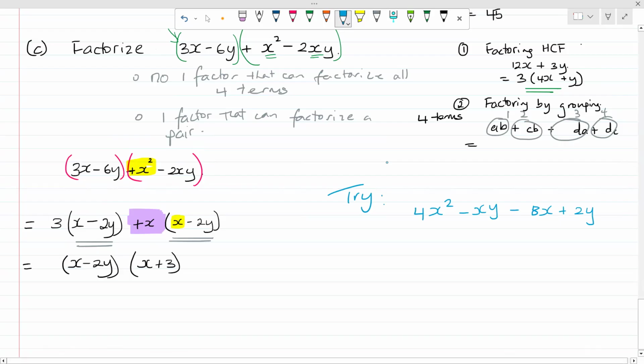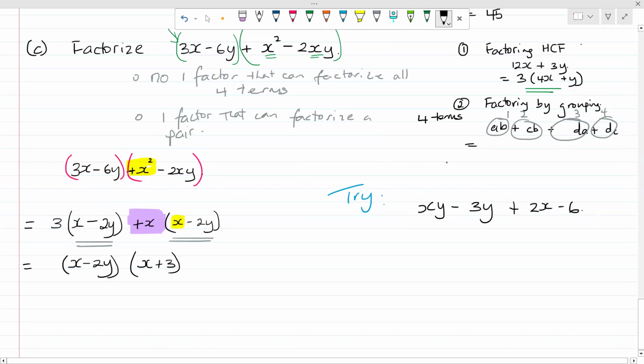Are you doing the correct thing here, boy? 4x squared minus xy minus 8x plus 2y. Another instance. Yes, sir. Let me give you a different one. Try this one: xy minus 3y plus 2x minus 6. You go and work it out.